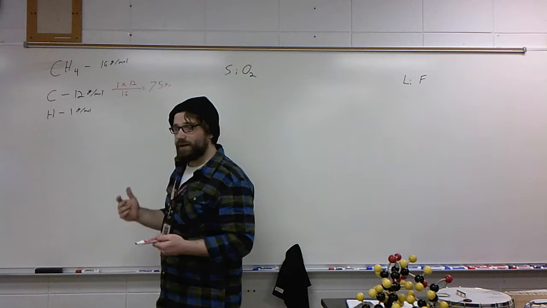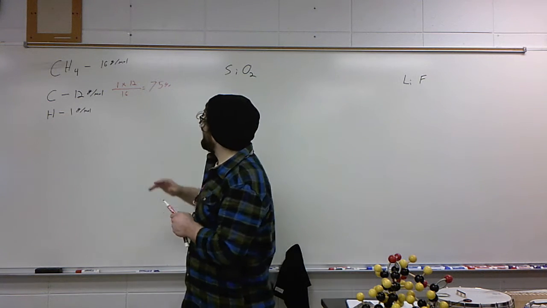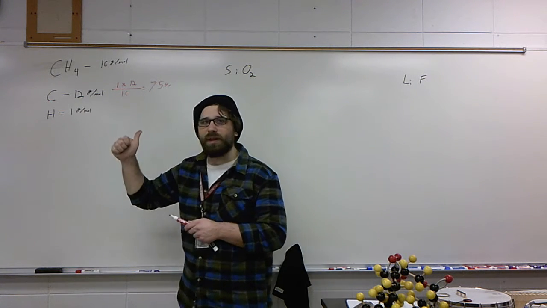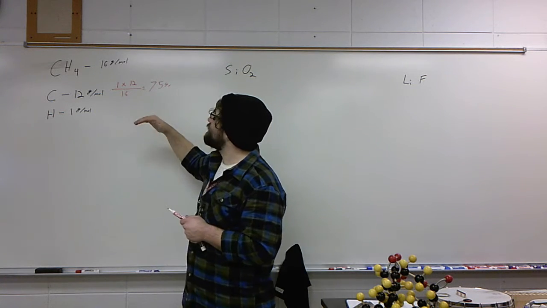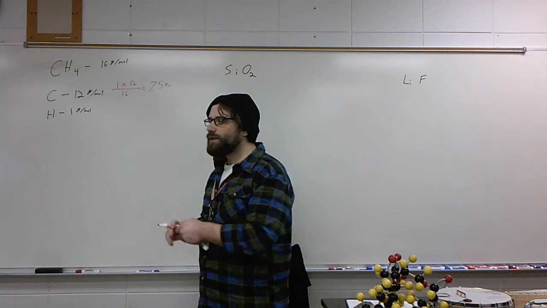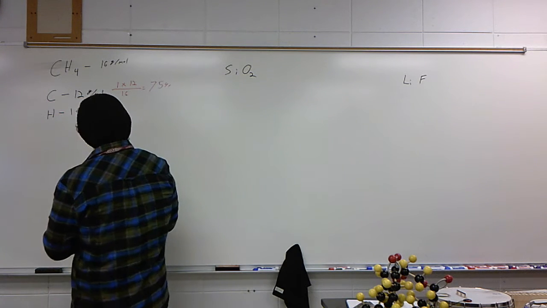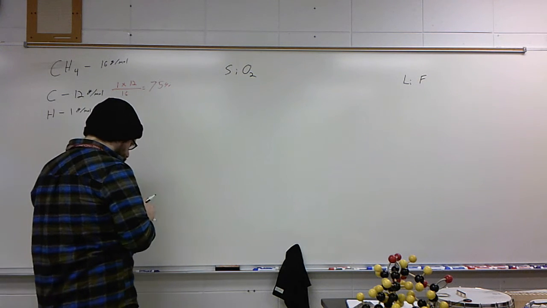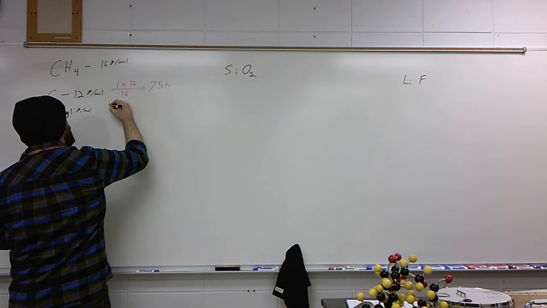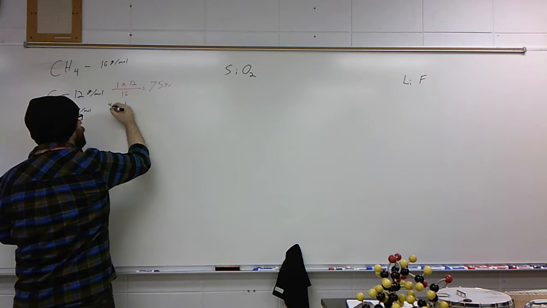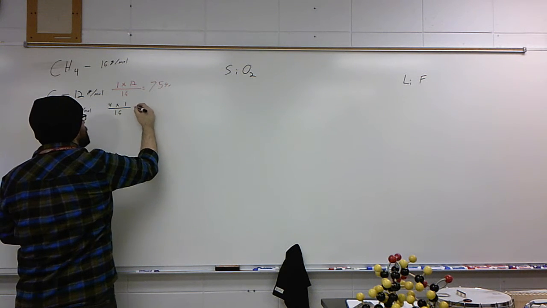So if I was trying to analyze a substance and figure out what it is, and I find that I've got carbon and hydrogen, what's the ratio that I have? Well, 75% of this is carbon. Wonder what that could be? Let's look at the percentage of hydrogen. For hydrogen, I've got 4 of them times 1 gram per mole divided by that 16.